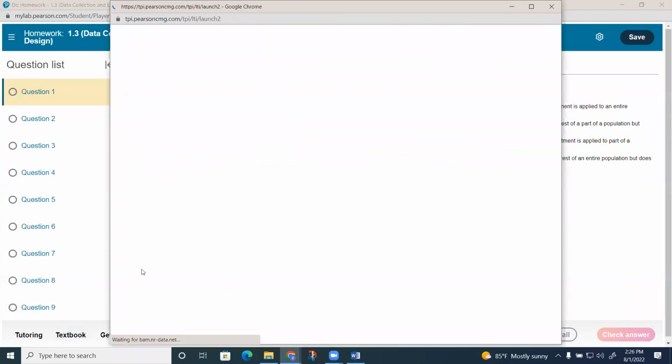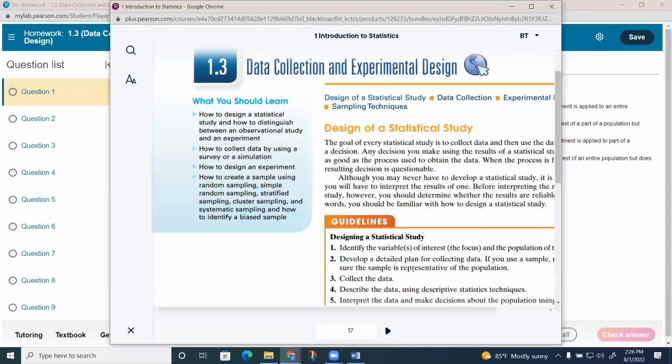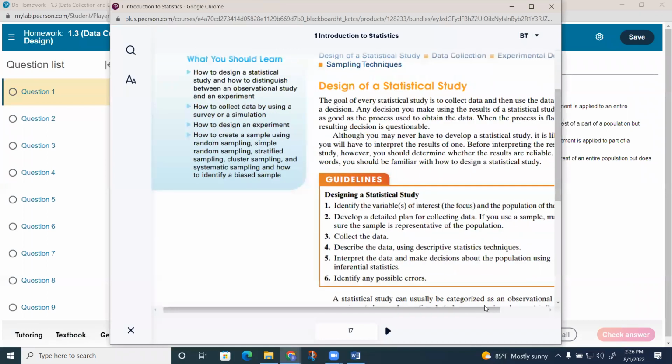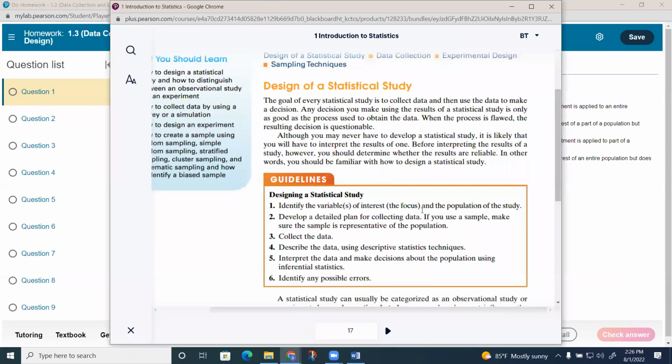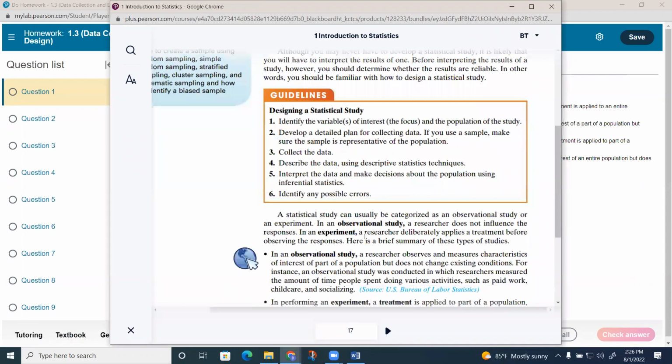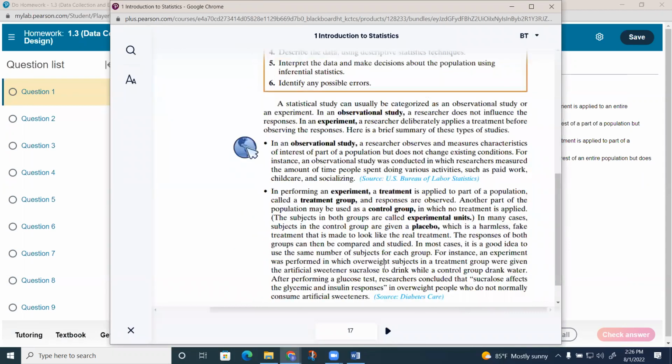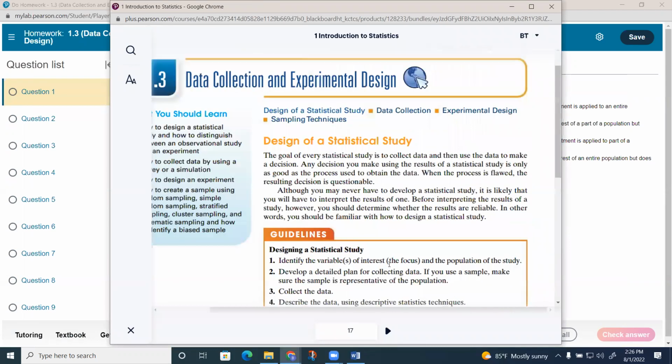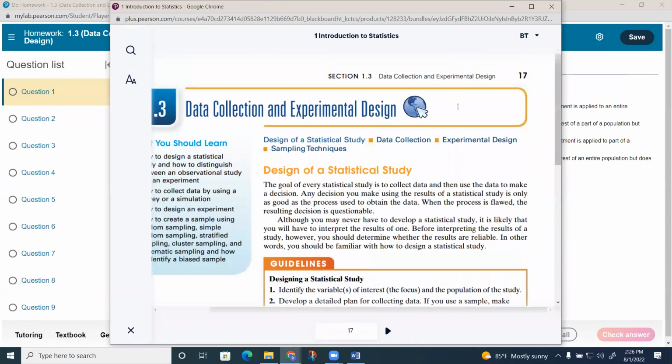It would open up the textbook, and it's going to take you to 1.3, and you can start looking for that information in here. So there's an observational study and experiment. It starts to talk about those words, observation and experiment, and you could find that answer by going to the textbook.